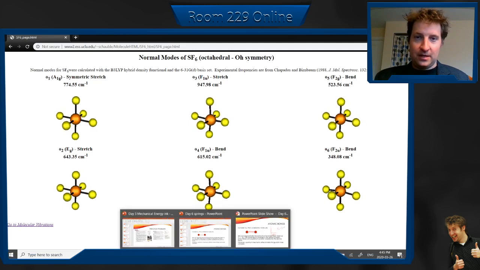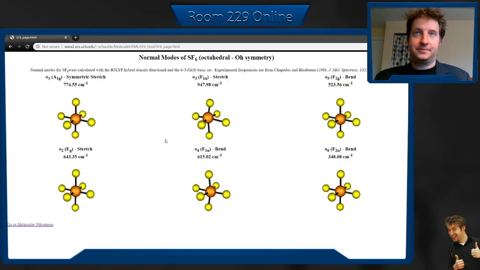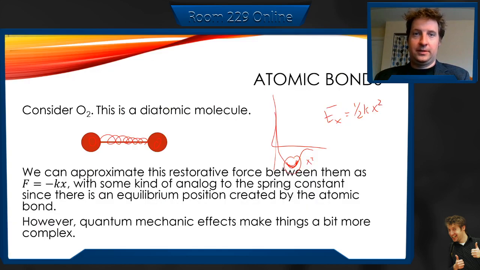Let's go back. So atomic bonds can behave like springs, and atoms can behave like sinusoidal oscillators, simple harmonic oscillators, right? So an atomic bond can lead to simple harmonic motion.